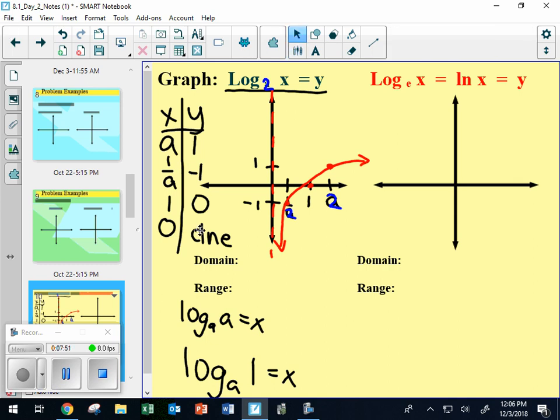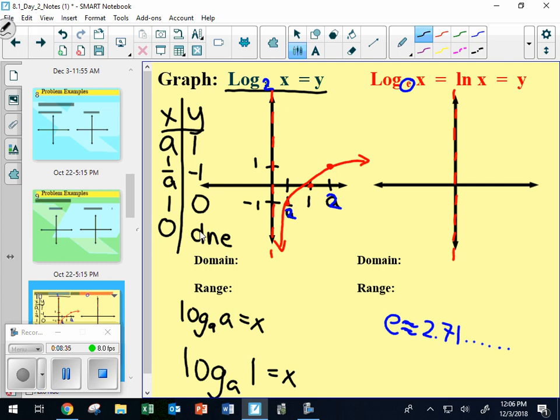If I wanted to do the same thing over here, what if, instead of 2, I used e? Remember the e that we talked about last Friday? That e is some number that's about like 2.71 and then a lot of decimal places after that. So it is a number. But if we want log base e, is our graph going to change? Is it going to change its shape? It's the same graph, right? You still have this asymptote here.